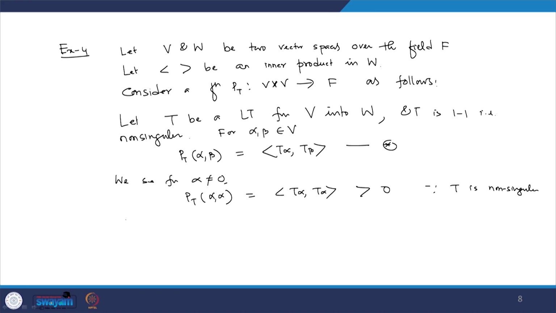You can also check that it satisfies all the other axioms, because this definition itself is saying an inner product in W, but it is basically introducing an inner product in V. So PT is an inner product in capital V. So from a given inner product in W, we are able to introduce an inner product in V.